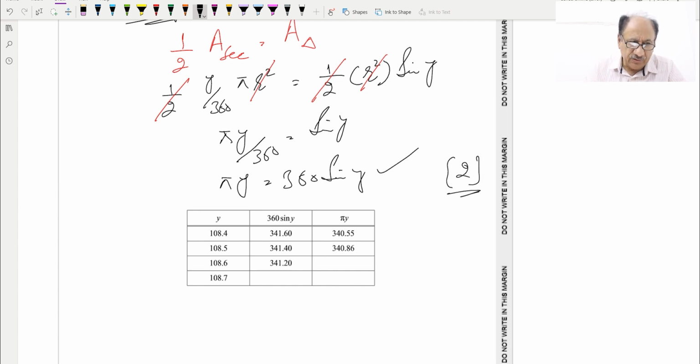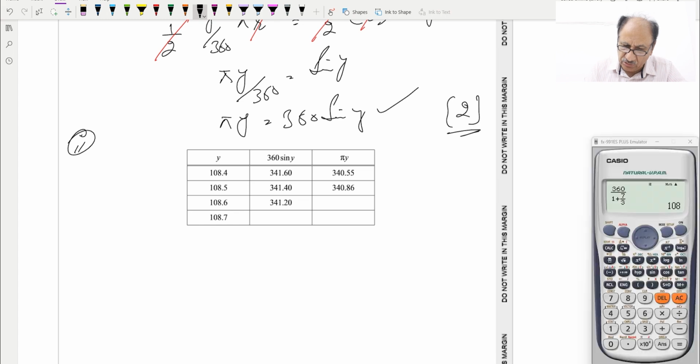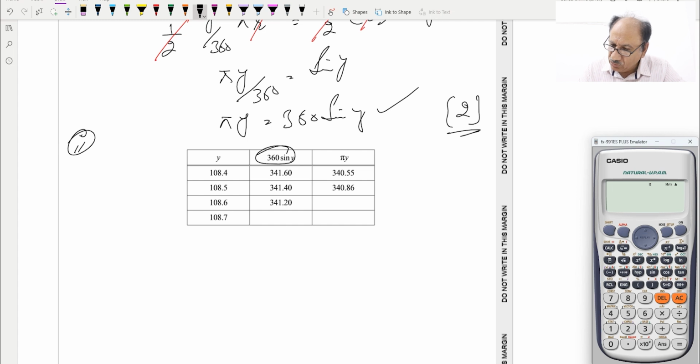Now for the second part, they are saying we need to complete this table, and it's very easy. You just need to use the calculator for this. We can type 360 sine y over here. So 360 sine of x, and we can change the value.